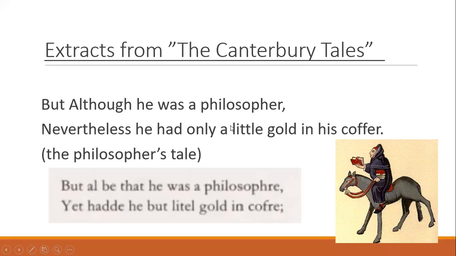He had just a little gold, not that much money. Again, he's a philosopher, but he only had a little money in his drawer or in his coffer. So he's saying that a philosopher is a person who seeks knowledge, not money. I want you to notice the theme of this part.